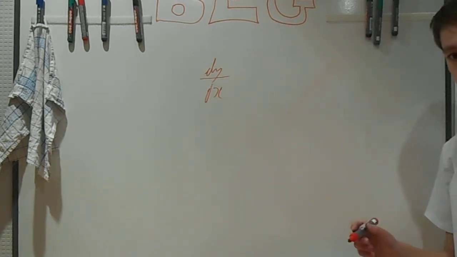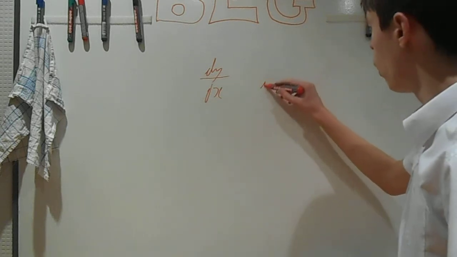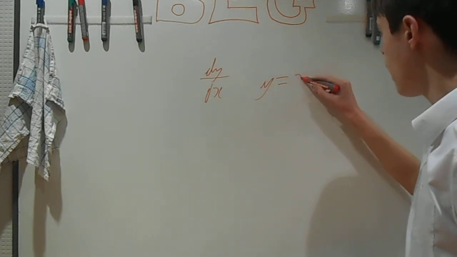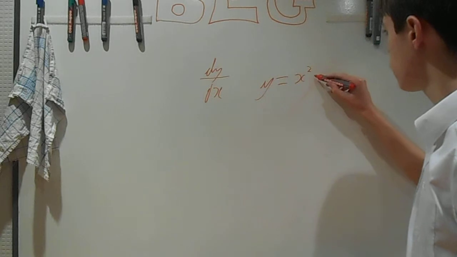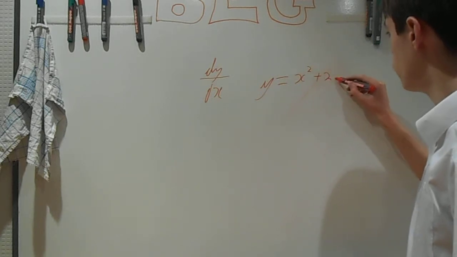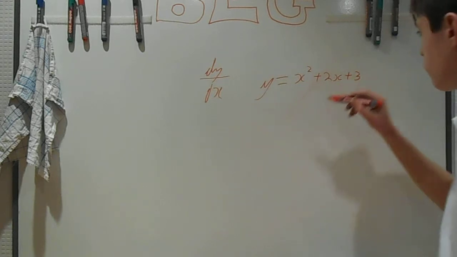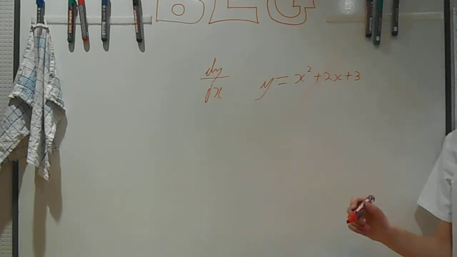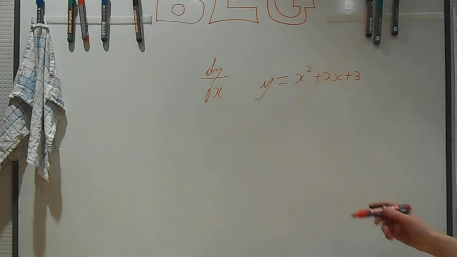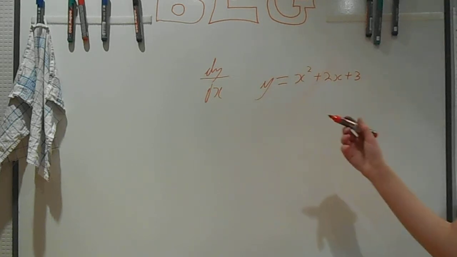Say, for example, we had the curve y equals x squared plus 2x plus 3. We can calculate the gradient of this by performing what's known as differentiation. Okay?